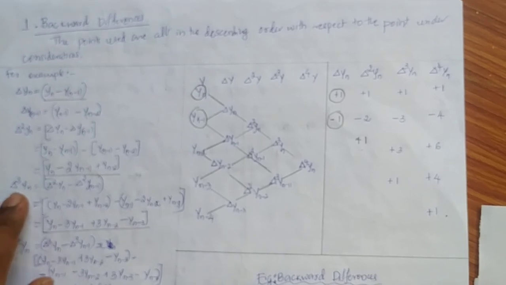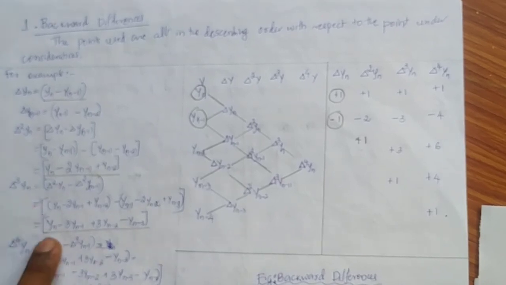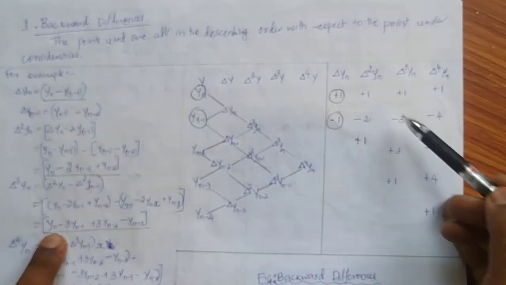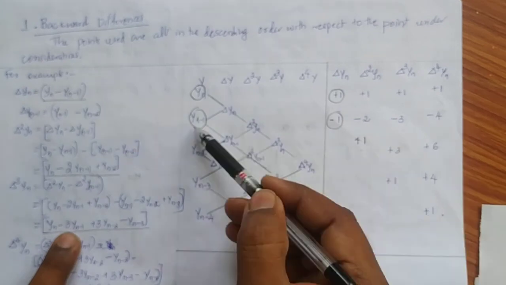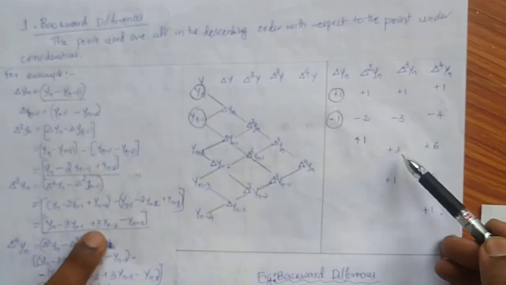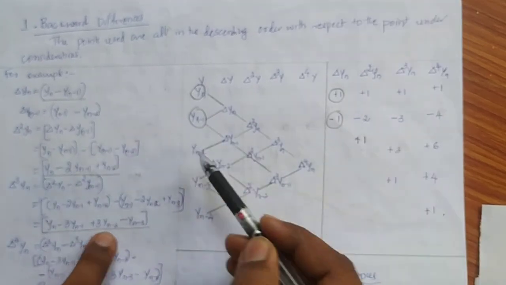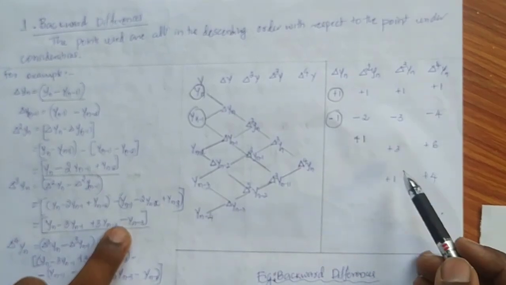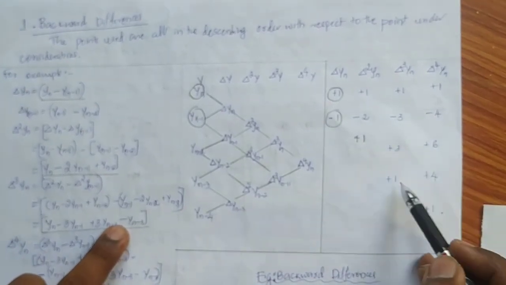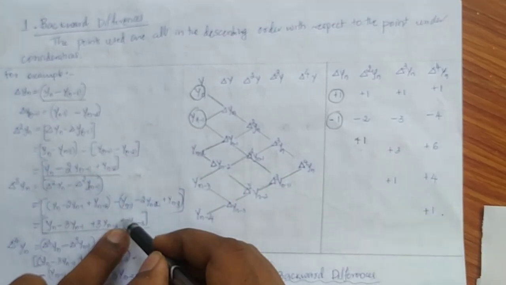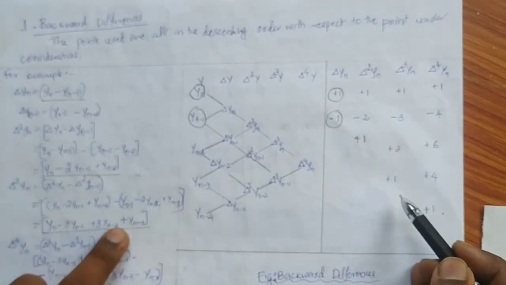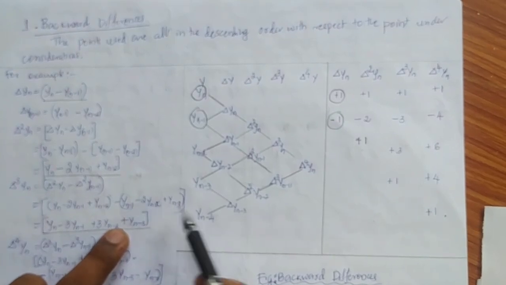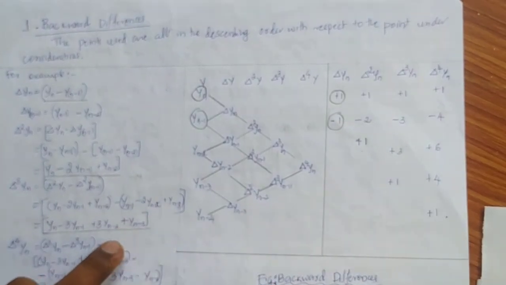Similarly, delta cube yn can be obtained by yn, you can see here, yn, next minus 3yn minus 1, next plus 3yn minus 2, next minus yn minus 3, because you can see the coefficients here.